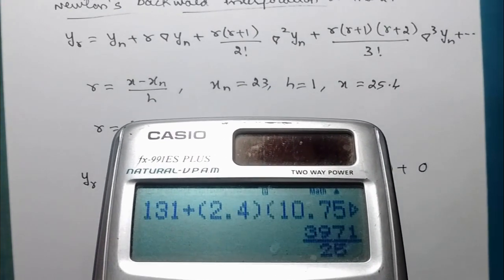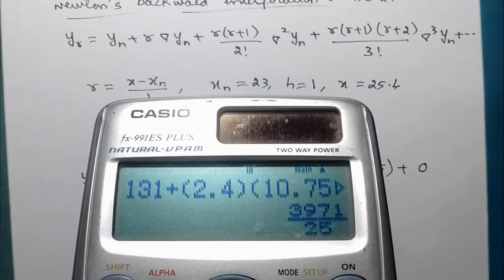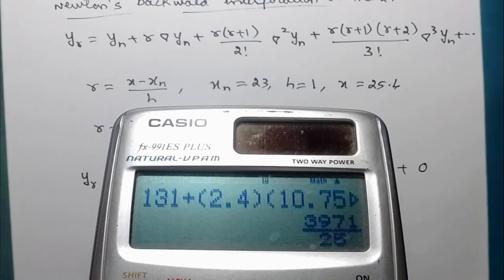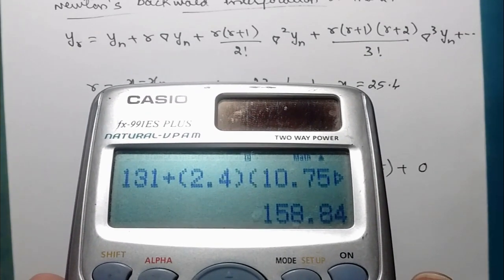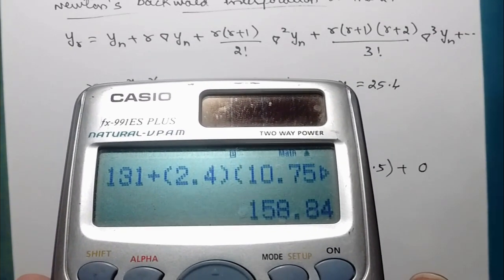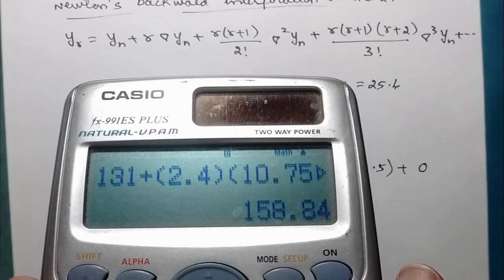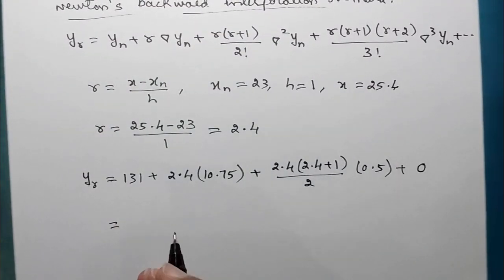So just press the equals to sign, you'll be getting the fraction, just press SD there, so you'll be getting the decimal. So how much you're getting? 158.84. So that will be the required solution.